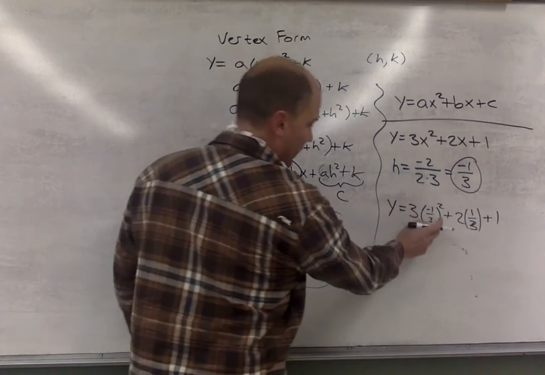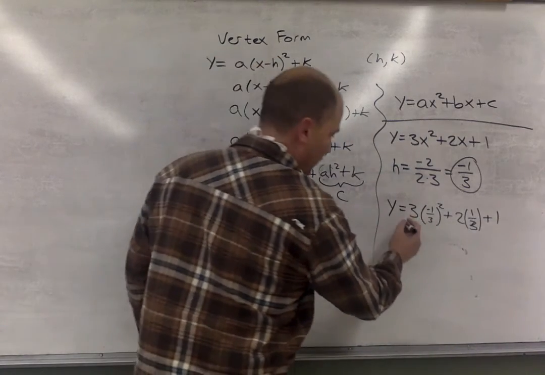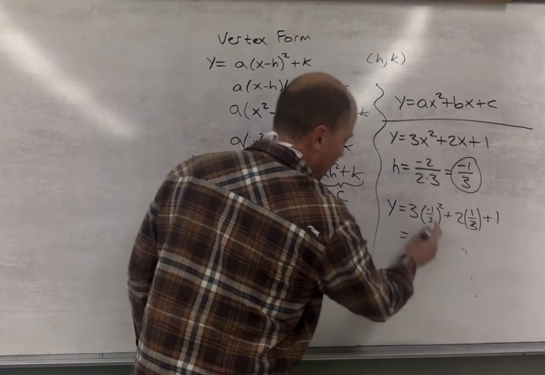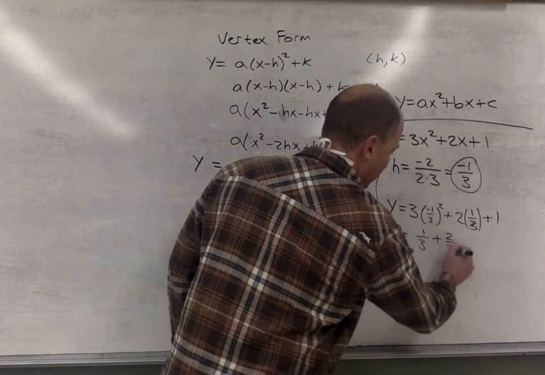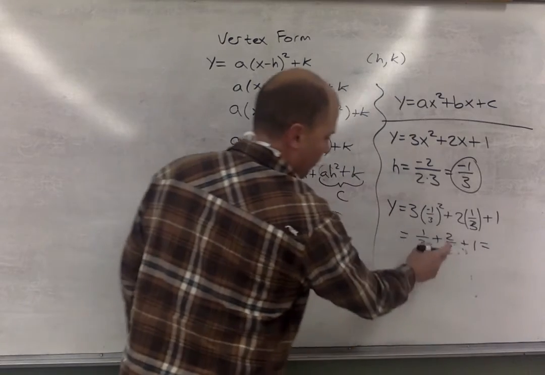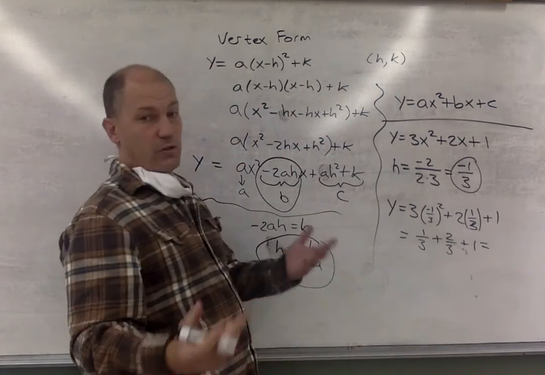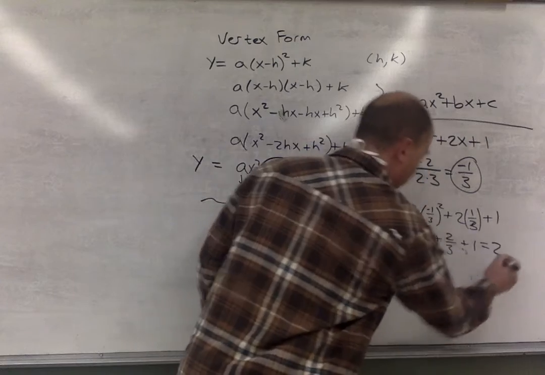And so if I multiply this out, this becomes 1/9. So the first term is just 1/3, 3 times that, plus this becomes 2/3 plus 1. 1/3 and 2/3 is 3/3, which is 1, plus 1 equals 2.